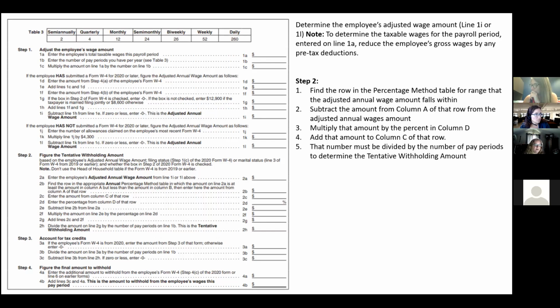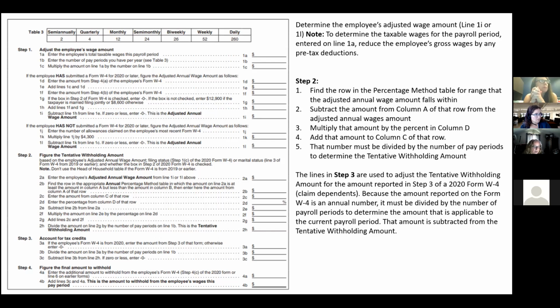From there, you're going to find the row in the percentage method table for the range that the adjusted annual income falls within. I don't have a picture of that on this slide, but we will look at that when we're doing examples. And then you're going to do some math and figure out the numbers that go into this table that you're seeing now.